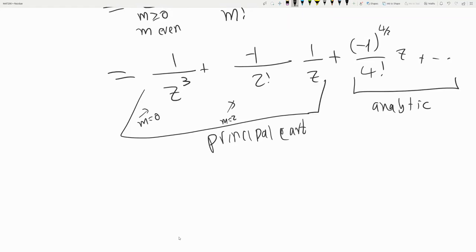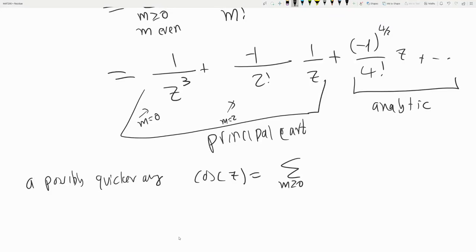I should say that a faster, possibly quicker way is to write down the Taylor expansion for cosine, which is the following.